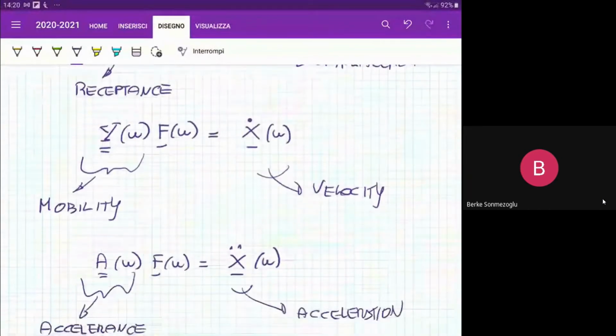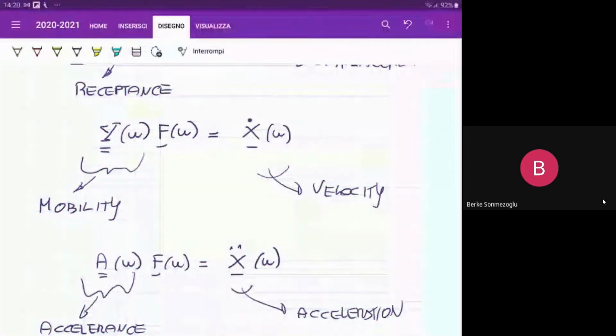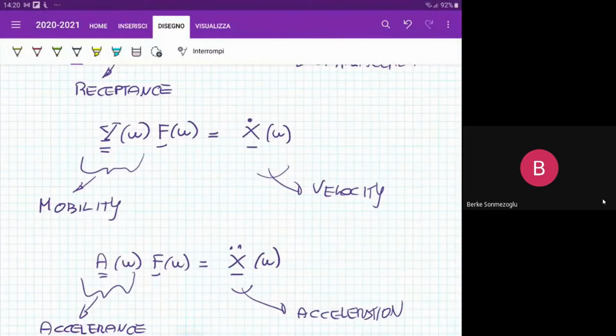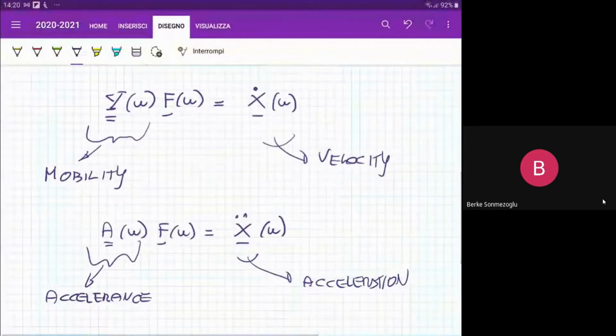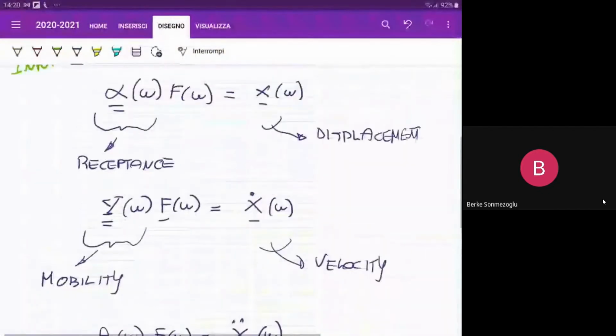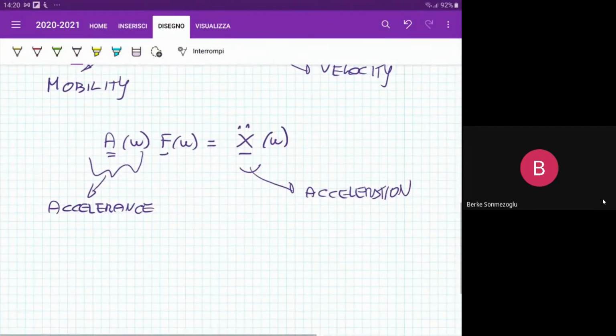If no name is given, we use, without any other adjective, the name frequency response function or transfer function, when we are referring to system properties that are capable of transforming your input into an output quantity.